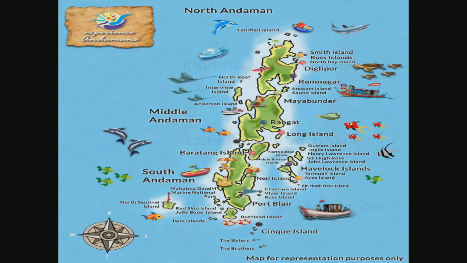Dear student, these island groups are of great strategic importance for the country. There is a great diversity of flora and fauna in this group of islands too. These islands lie close to the equator and experience an equatorial climate and have a thick forest cover.